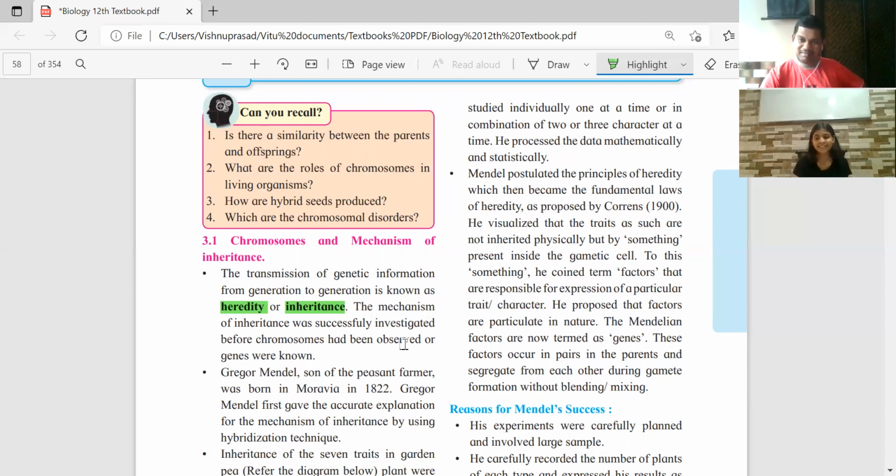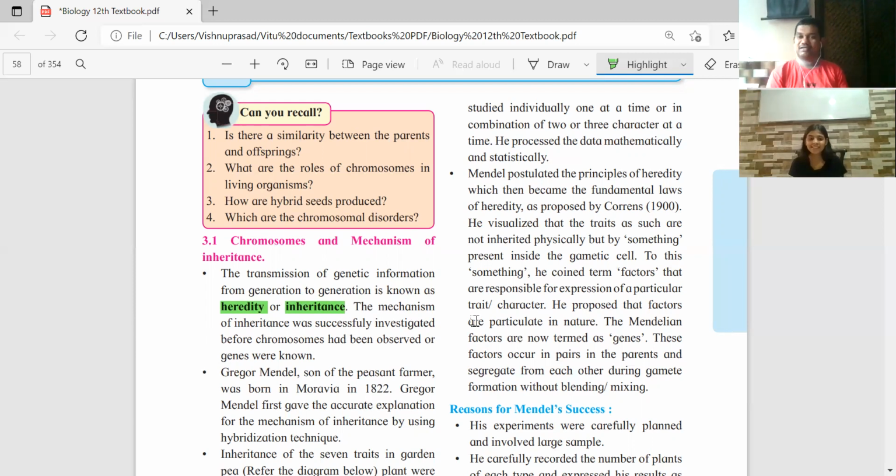So when the gametes are produced, when meiosis takes place, in the first step of meiosis, which is called meiosis 1, there is a very important evolutionary mechanism taking place, which is called recombination, also called crossing over. There is an exchange of genes taking place, a shuffling of the genes.